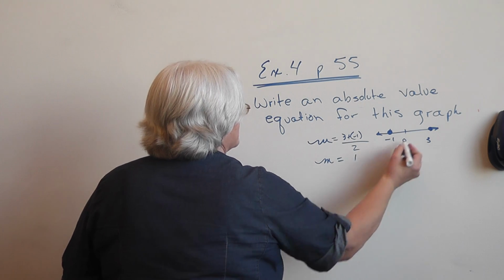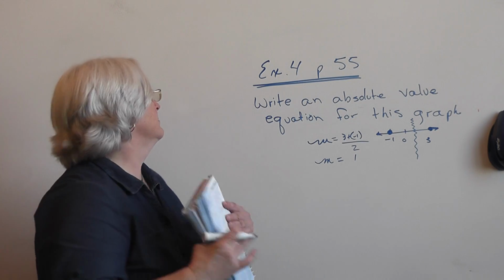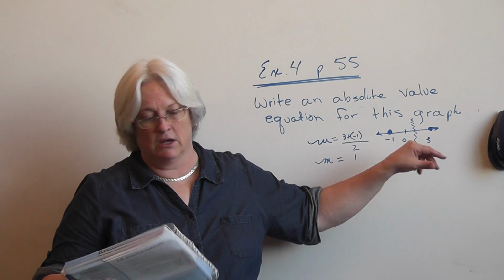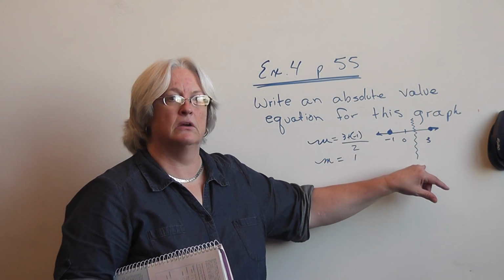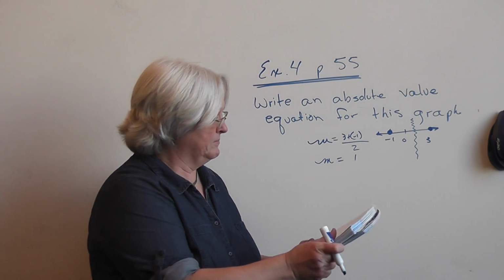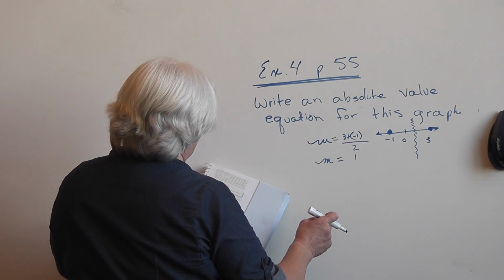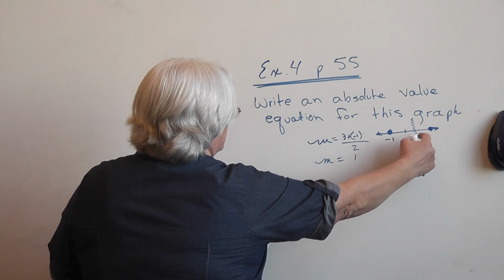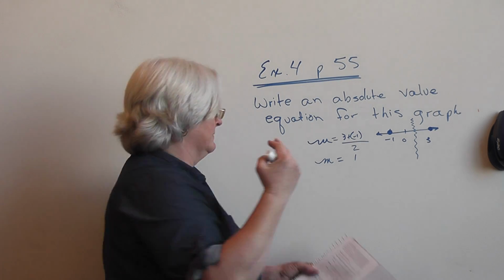And the midpoint is going to be located right there. That's our midpoint, okay? Now what we want to do is find the distance from either end to the midpoint. So what we're talking about, the distance from either end to the midpoint, that's going to be 2 units, isn't it?